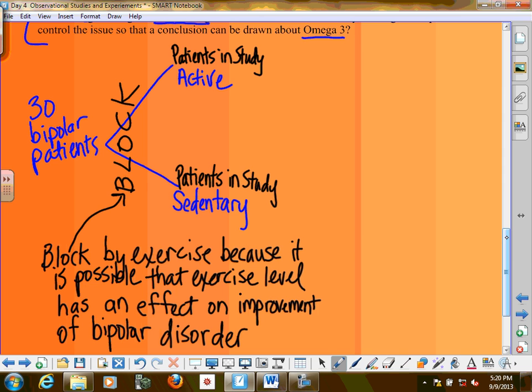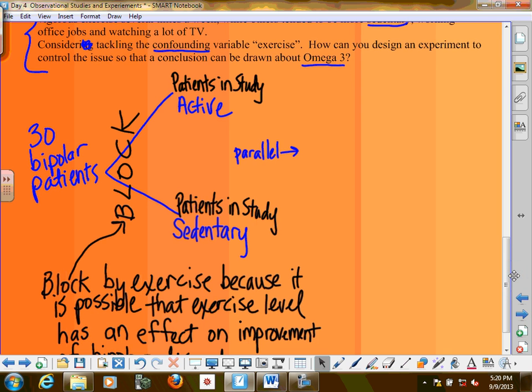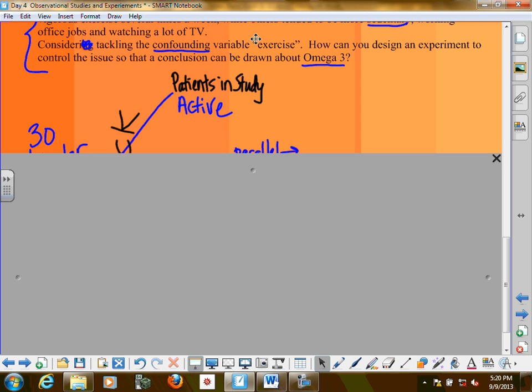Okay, notice that at this time, I'm going to perform parallel experiments. Okay, it's almost as if you perform the experiment with the top half, and then you perform the experiment with the bottom half. So look, I'm going to perform this experiment with the active student or active patient.